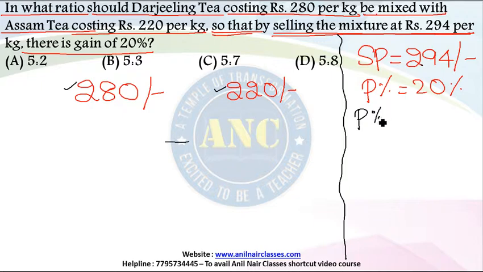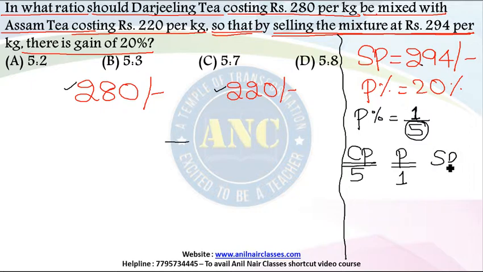Selling price is 294, profit percent is 20%, 20% is 1 by 5. The meaning of 20% as 1 by 5 is, the denominator represents cost price, which is 5 rupees. The numerator represents profit percentage, so profit will be 1 rupee. Selling price should be how much? I took the article for 5 rupees. I want to make 1 rupee profit. That means I should sell the article for 5 plus 1, 6 rupees.